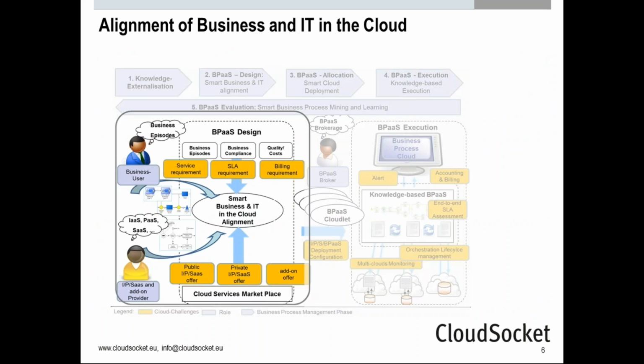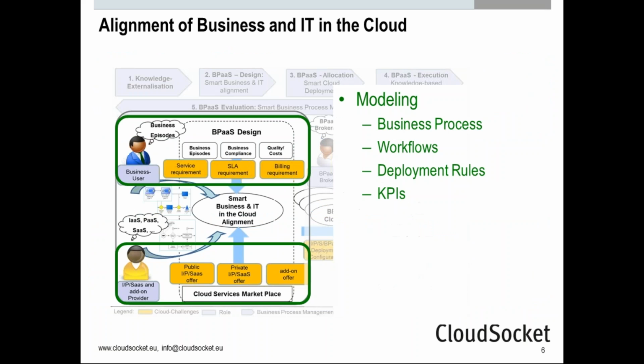This is a highlight of part of the CloudSocket architecture. Here you see in the background the whole architecture. Our focus is on this alignment, which consists on the one hand side of the modeling part.